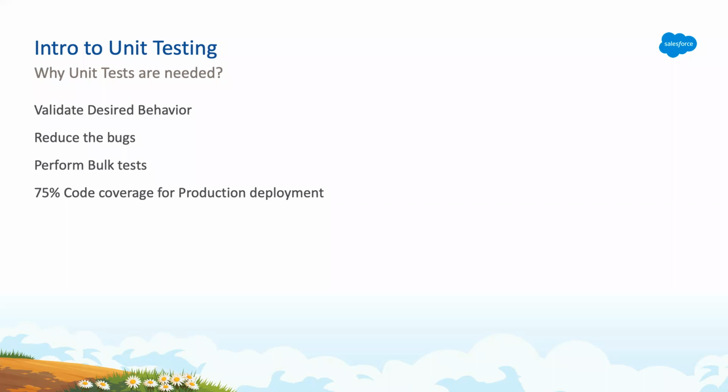The last point is, as a Salesforce norm, we have to cover test coverage and code coverage in production deployments. It is a must to have 75% of code coverage.